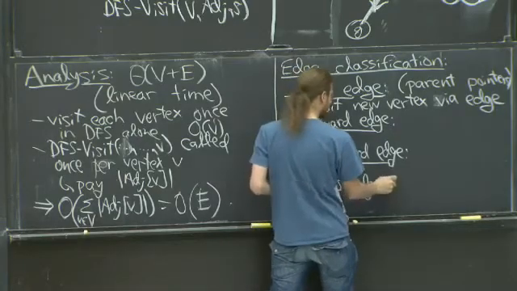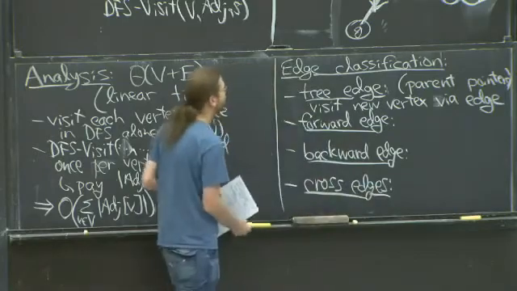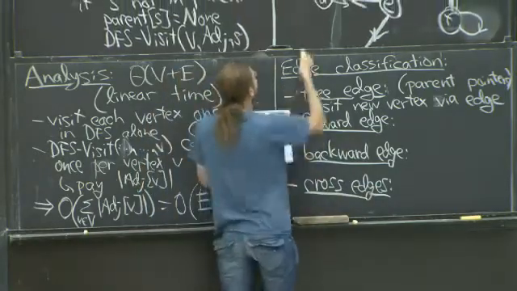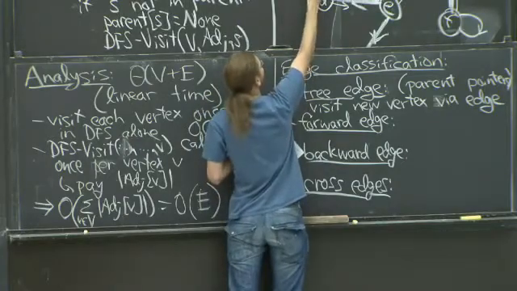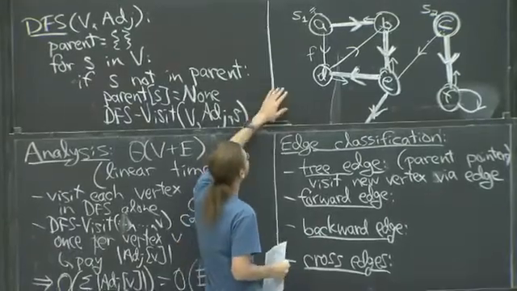Some of these are more useful to distinguish than others, but it doesn't hurt to have them all. So, for example, this edge I'm going to call a forward edge. Just write F, that's unambiguous.